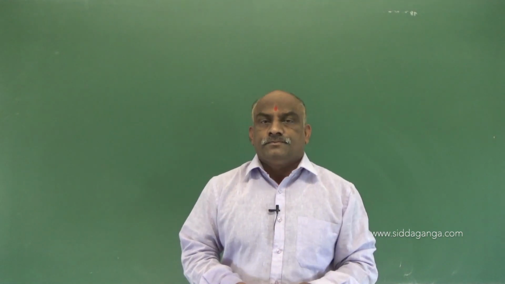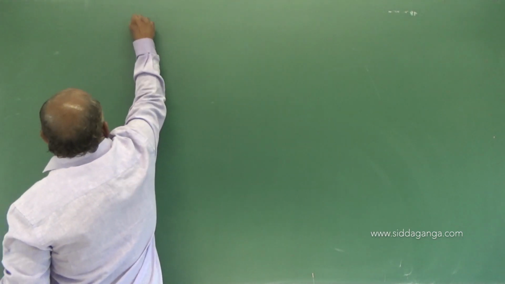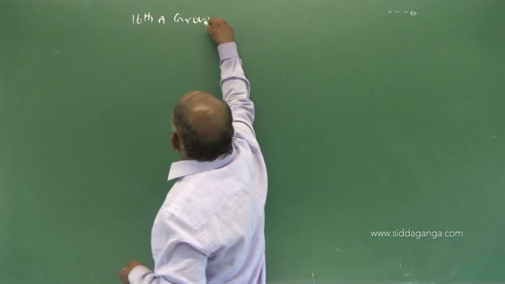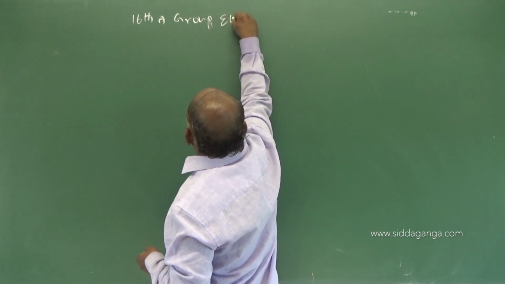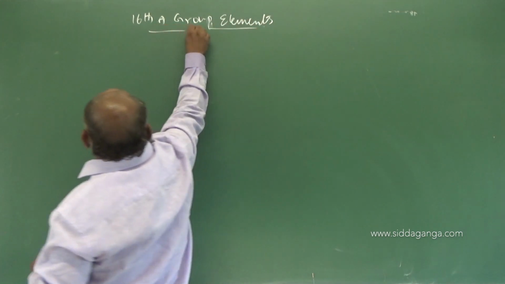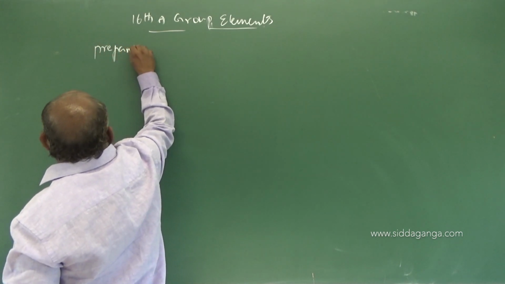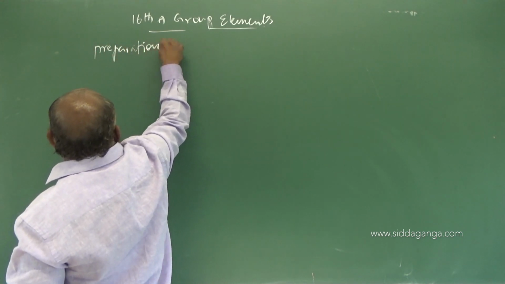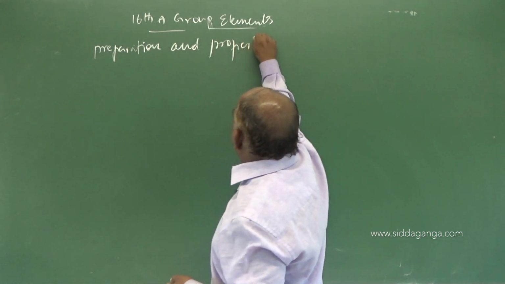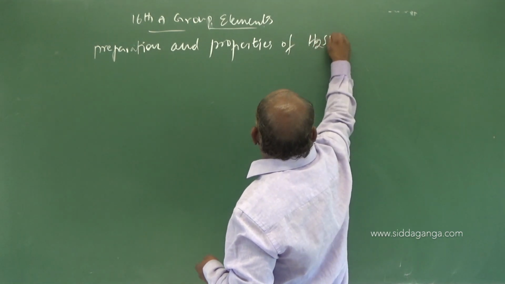So, number one is 16th A group: preparation and properties of H2SO4.